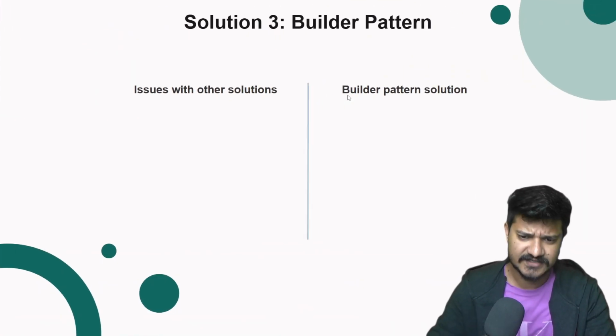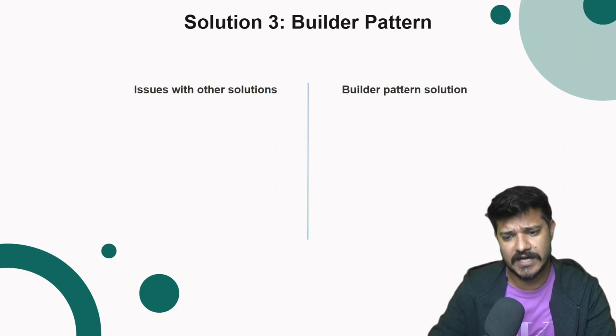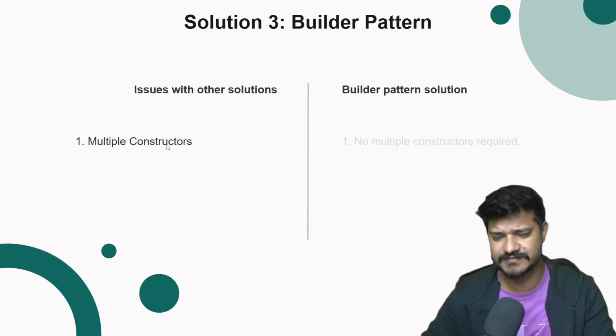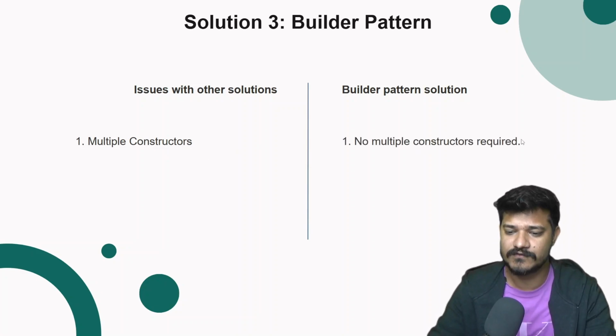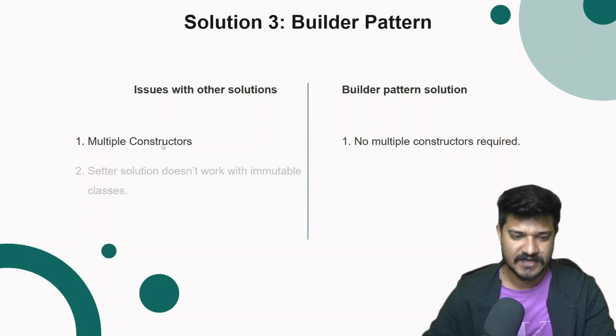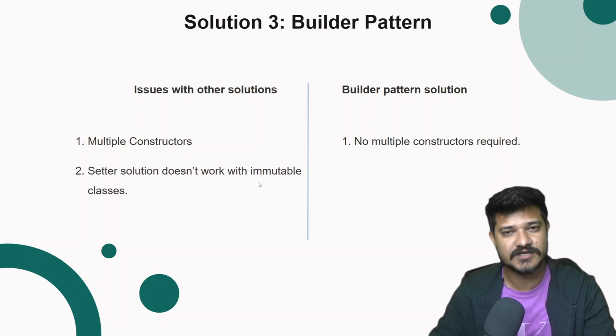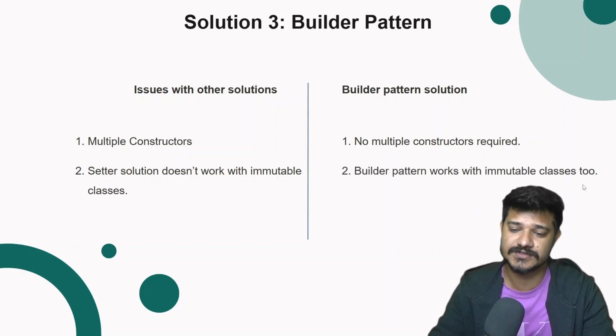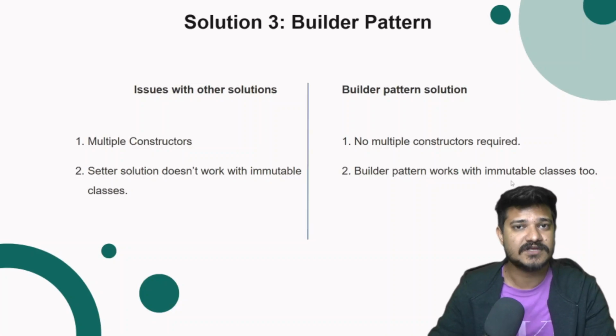So let's have a look at the different solutions we have gone through and what the builder pattern provides, right? The multiple constructor solution we have gone through doesn't make sense. We don't have to go for multiple constructors. And the setter solution doesn't work with immutable classes, but the builder pattern provides a solution which also works with immutable classes.